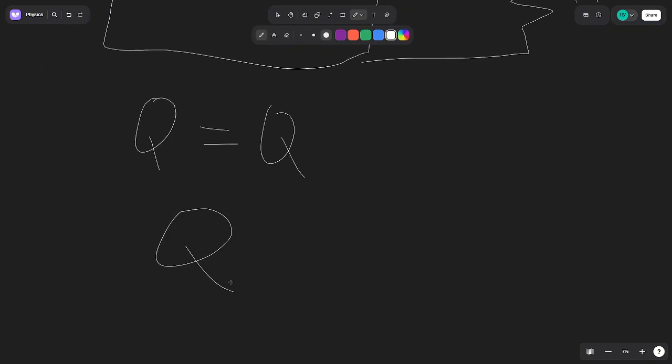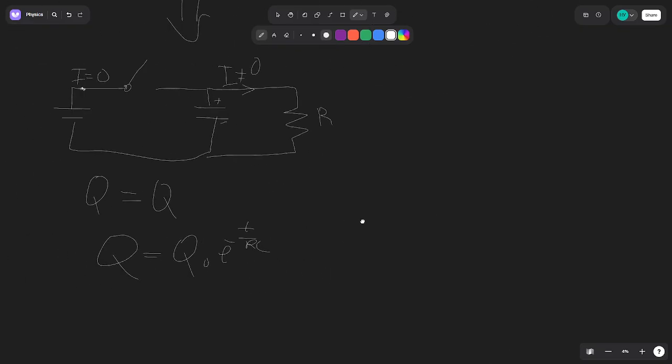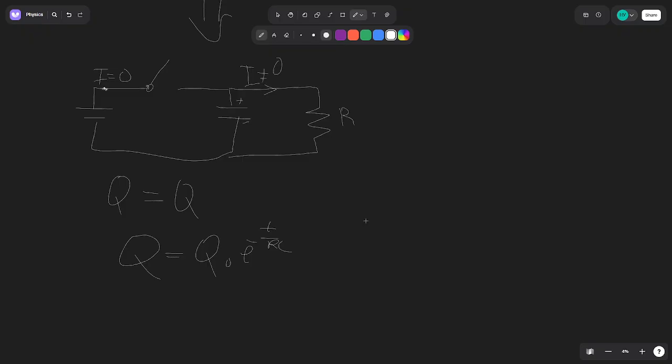So then the charge equals the original charge times something with RC. And what else can be estimated here is a time constant.